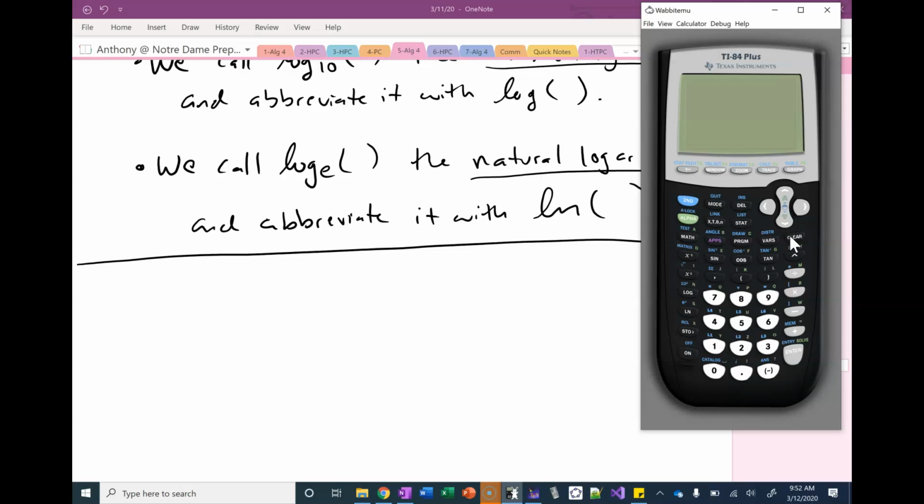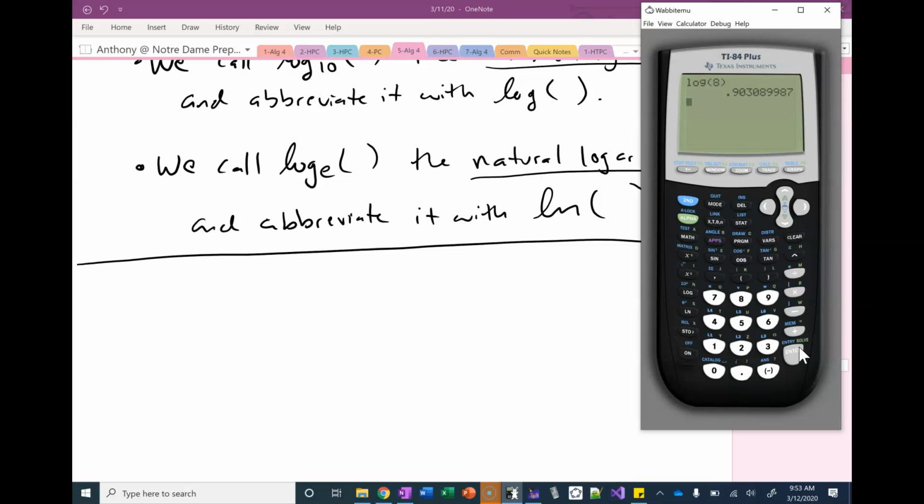So the first thing I'd like you to do is, if you look at the left-hand side of your calculator, about halfway up, you'll see the button that says LOG on it. That is the common logarithm. So for example, if we wanted to take log of 8, we can just press that button, type in the 8, and then close the parentheses, and press enter, and the calculator will give us this decimal.